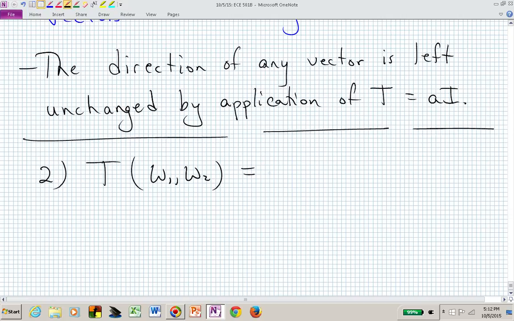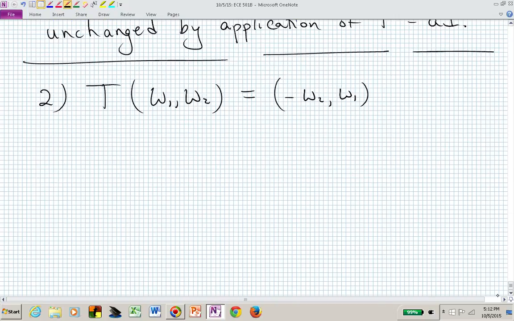Suppose that I now tell you that this linear map is going to make the following output: minus W2, W1. What's that doing? That should look very familiar. This is a 90-degree rotation counterclockwise in the plane. We're dealing with a plane.